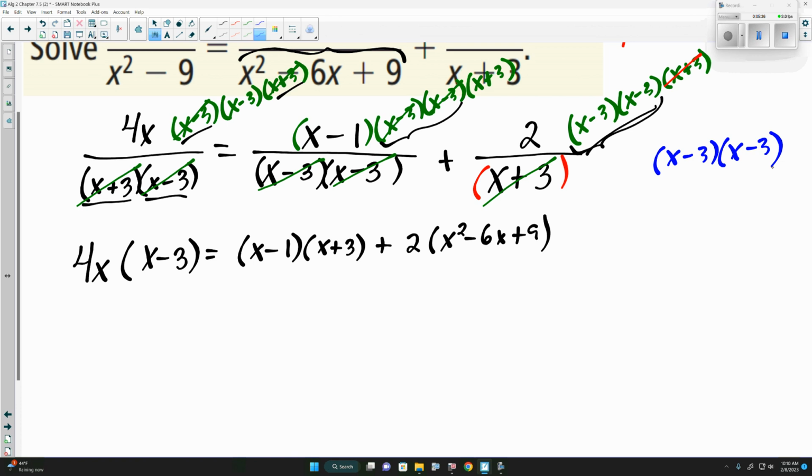There would have been nothing wrong with that. And if we distributed, x times x would have been x squared, minus 3x, minus 3x, plus 9, which would have given us x squared minus 6x plus 9. We would have gotten back to the same thing. Any questions on any of this here?